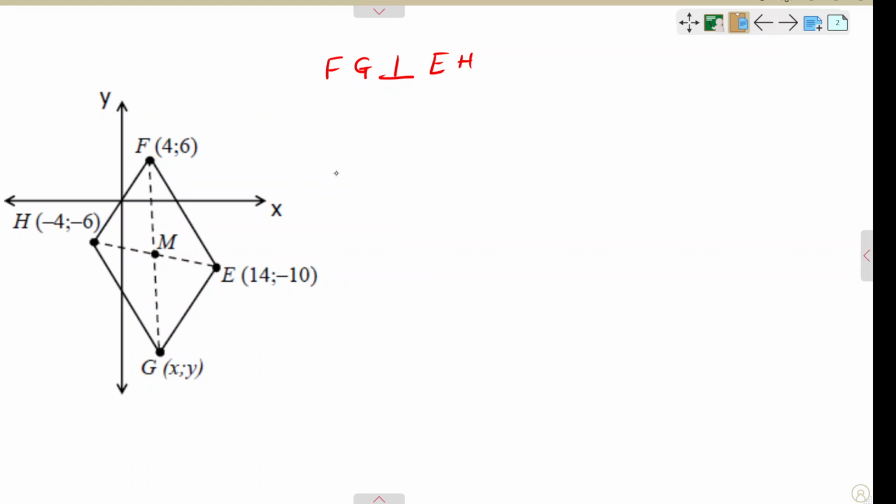Now, we need first the equation for the gradients of perpendicular lines.